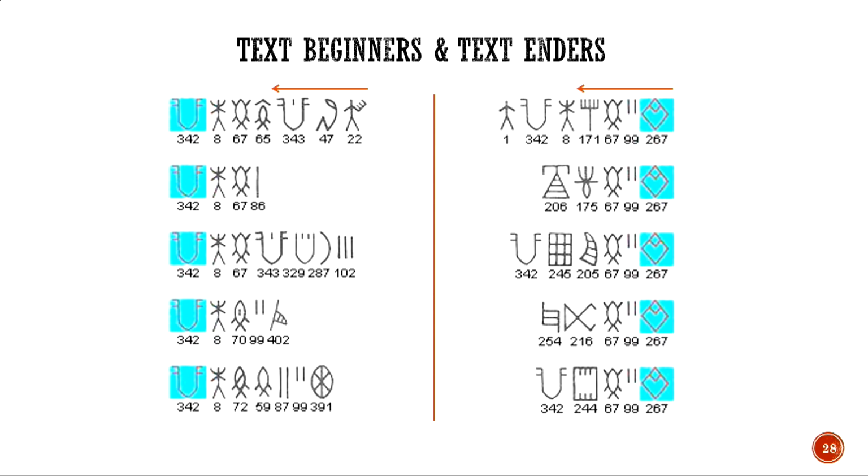And there are a set of signs which often make their appearance at the end of the Indus text. It is not that we never find these signs at the center, but their most favorite location is at the end.